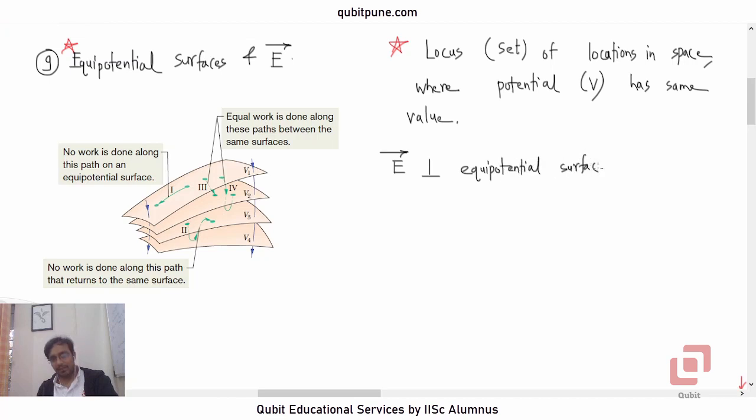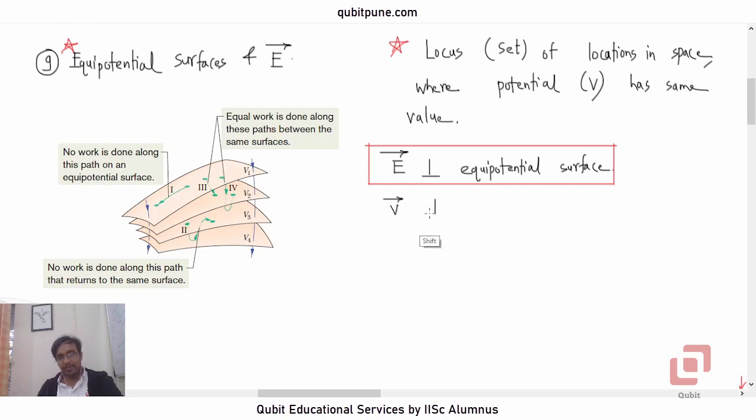If you look at the textbook figure telling you this, you can connect it to something we studied very recently in wave optics: the direction of propagation of light is always perpendicular to wavefronts.